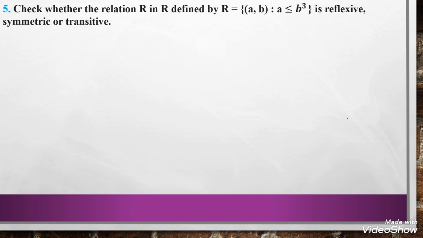First, I will consider the relation R, the ordered pair (a, b) such that a is less than or equal to b cube. Now I will check the conditions one by one. Reflexive.